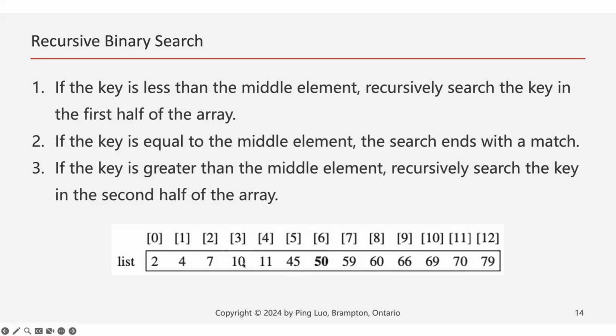For example, if I want to search for 11 in this list, I first compare it with the one in the middle of the list, which is 50. Because 11 is smaller than 50, I don't need to care about all the numbers larger than 50. I just need to care about the numbers smaller than 50.